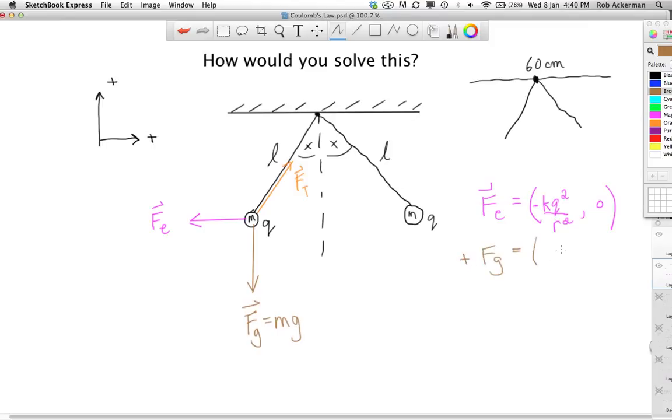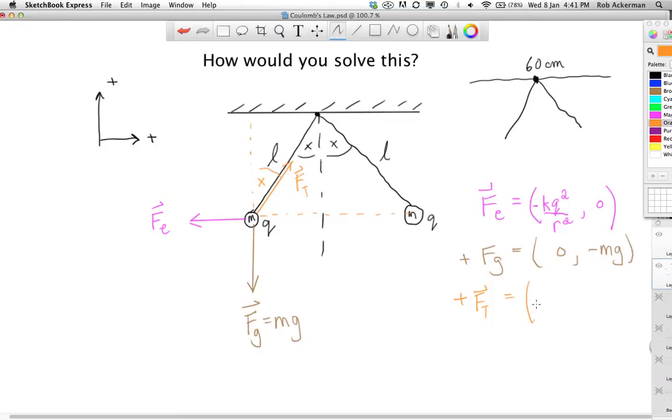Gravity, of course, 0 in the x direction, negative, all of it in the y direction, so you have that. And then finally the tension. This one has x and y components that are non-zero. Looks like I'm going to have to start thinking angles here. So what have we got? If this angle is x here, then that means this angle will be x as well.